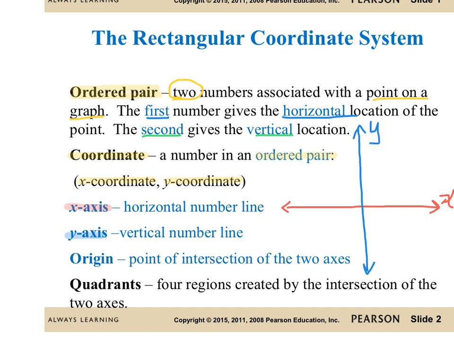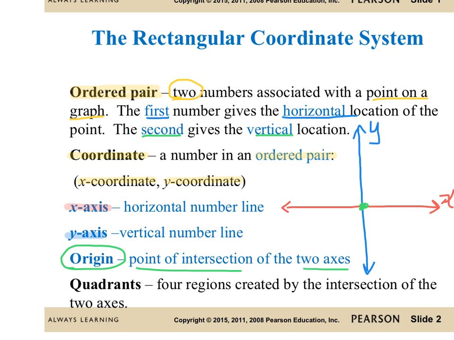And the key thing to remember is the location of the origin. And the origin is where the x and the y-axis cross. So it's the point of intersection of the two axes.